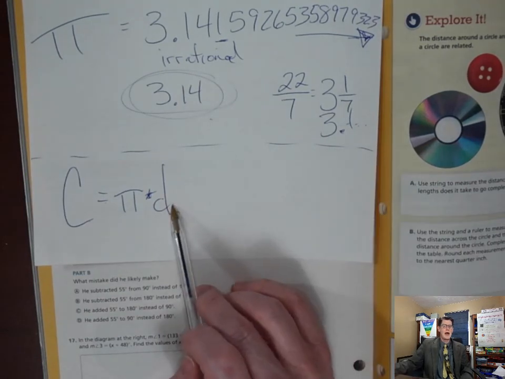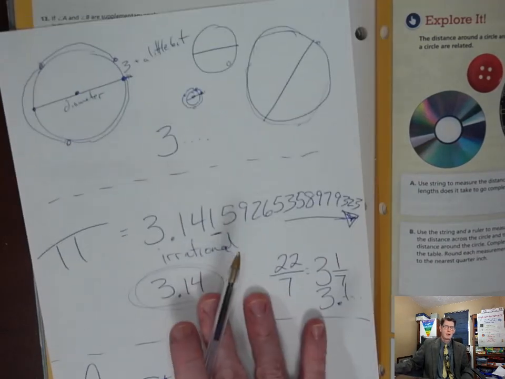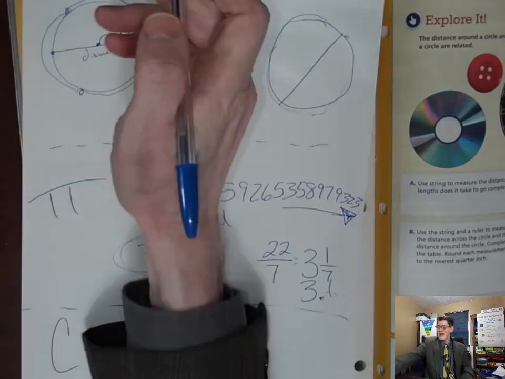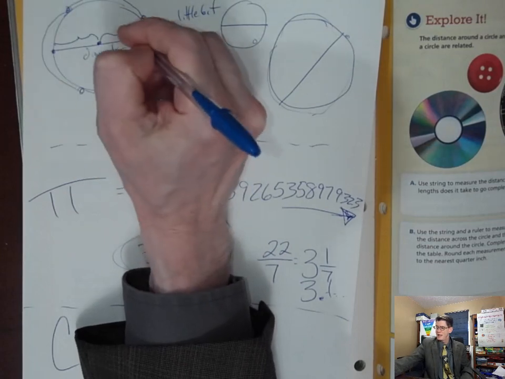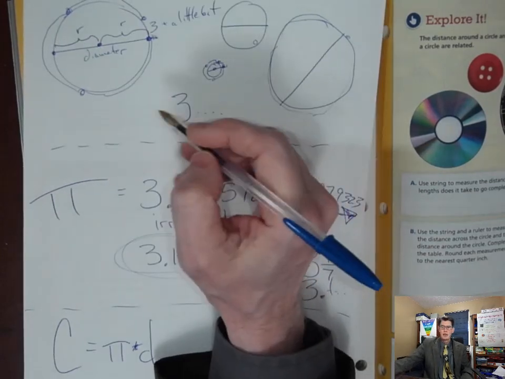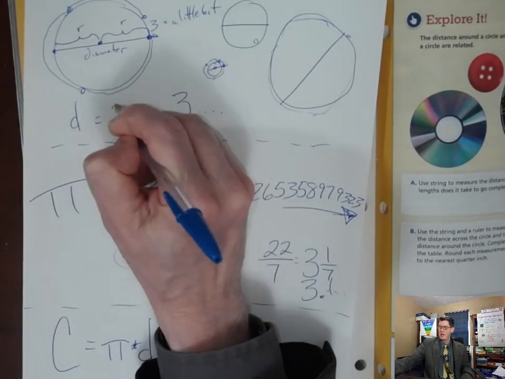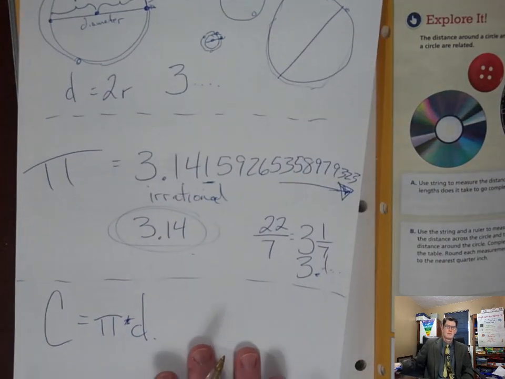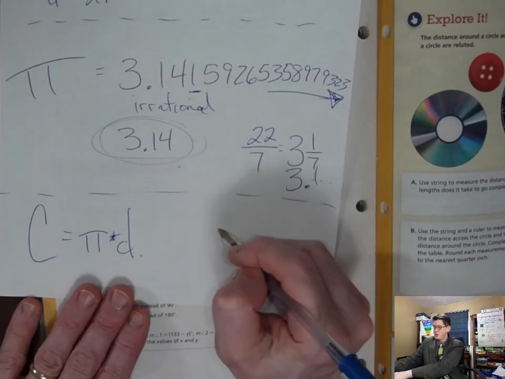Now we all know that a diameter is just the radius. Here we go. It's like 2 radii. If that's the radius and that's the radius, the diameter is the same thing as 2 radiuses. The radius is half the diameter. So sometimes you'll see it written like this.